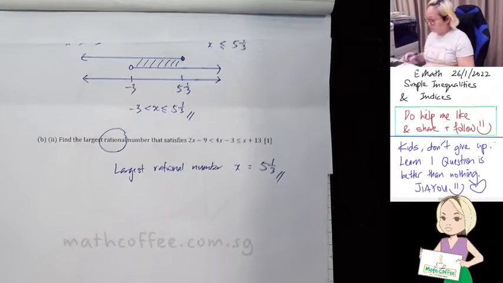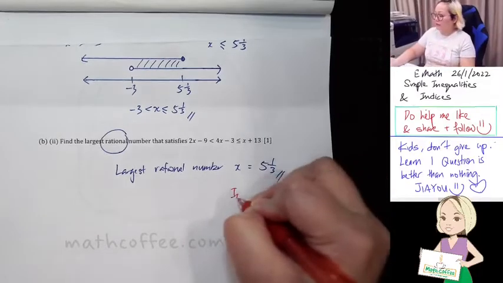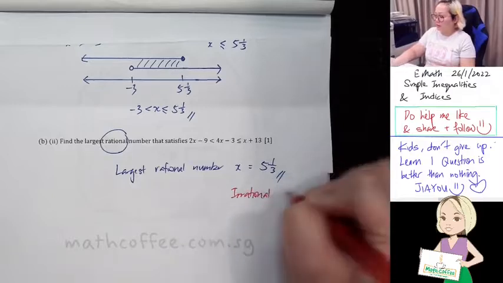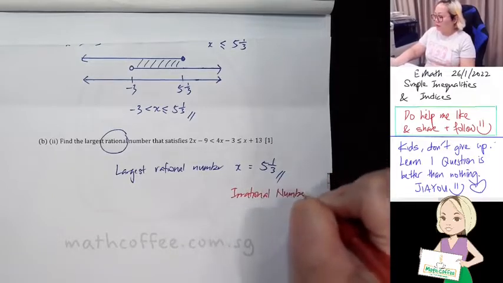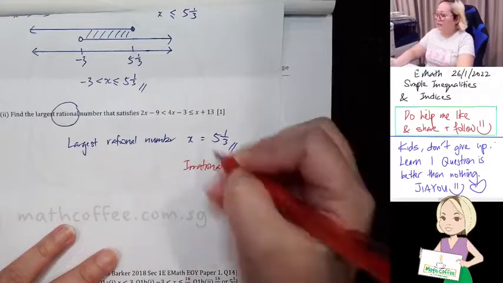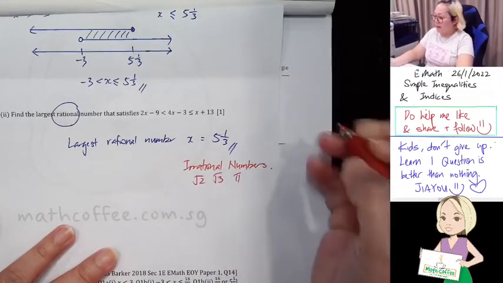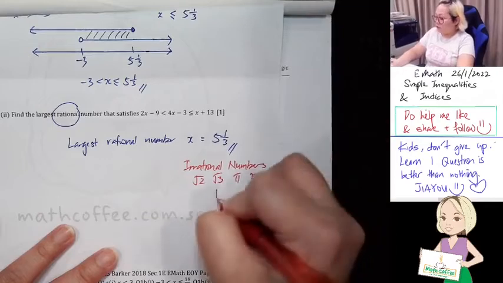Understand? Okay, so maybe I can just highlight what are irrational numbers. This is a Sec 1 thing. Irrational is something like square root 2, square root 3, pi, 2 pi, square root 5.